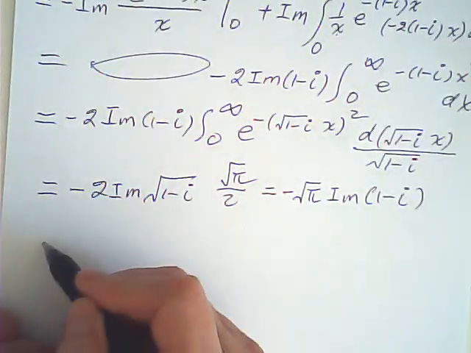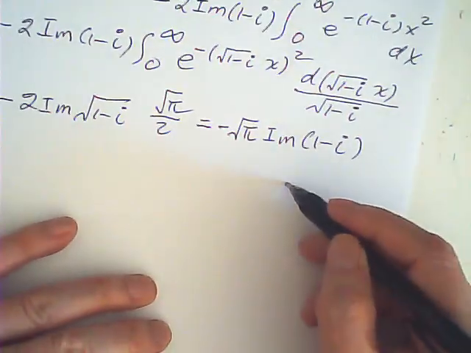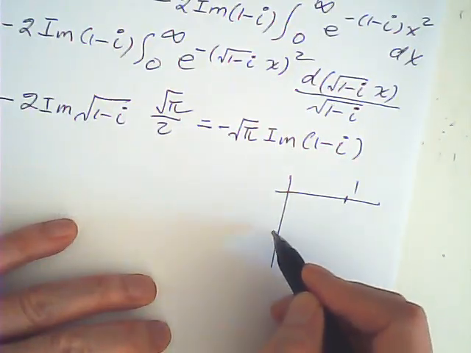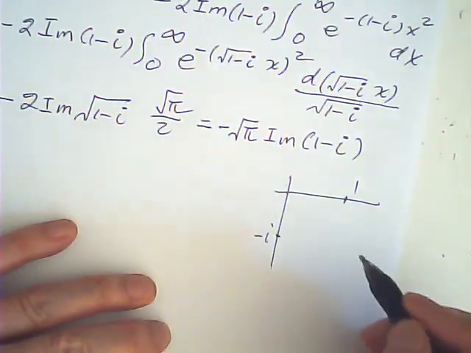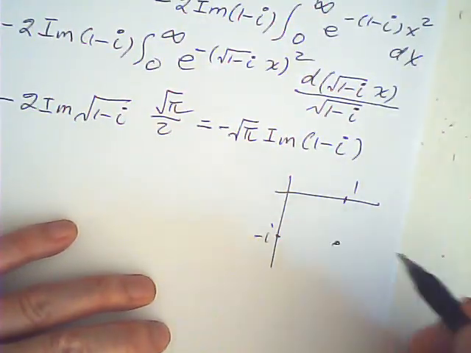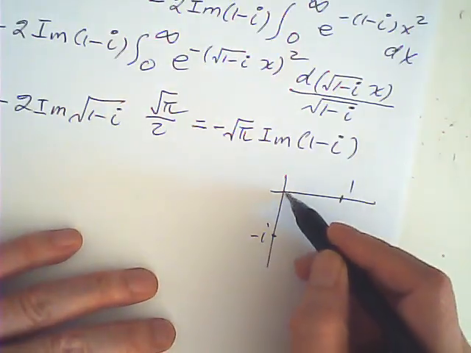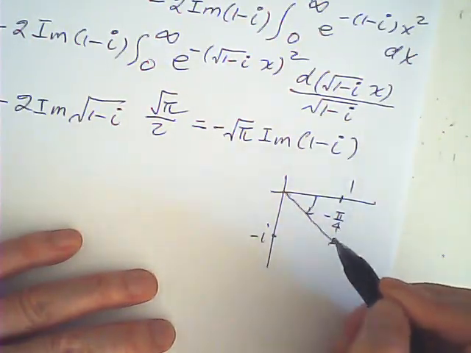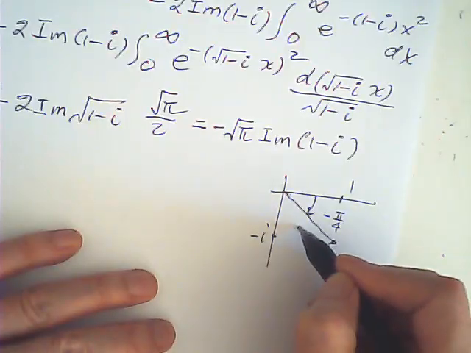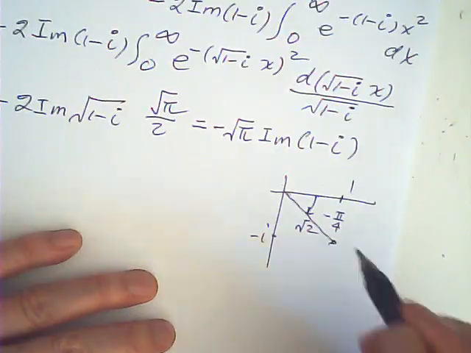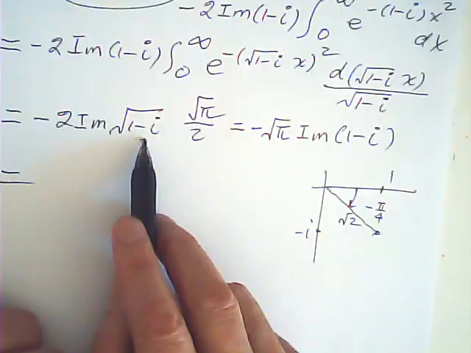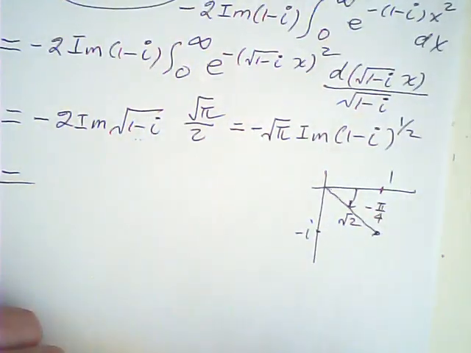Now, how to find this one? It's easier. Right? This is 1, this is negative i. So this is the complex number we are talking about. The argument is negative quarter pi. The modulus is equal to root 2. Yeah, I forget the half power, huh?